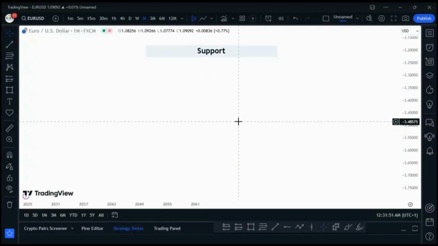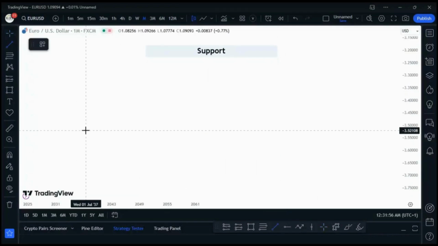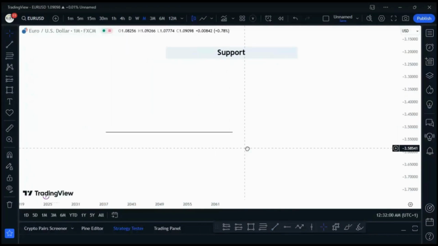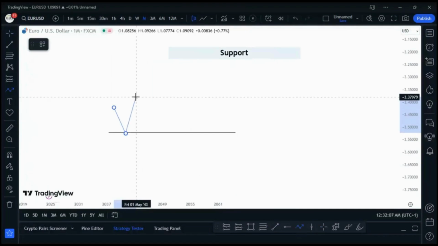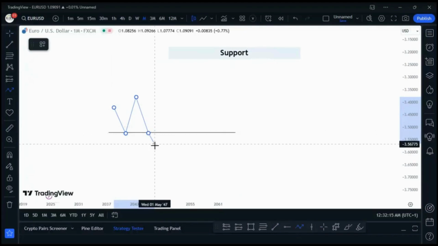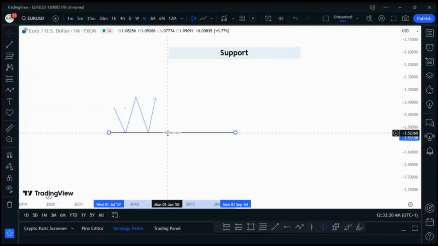So supports are often represented by horizontal lines, which means that the market has probably come to a certain level, comes back to that level again, but this time it doesn't break below that level, but instead it goes up. That zone can be marked as a support.